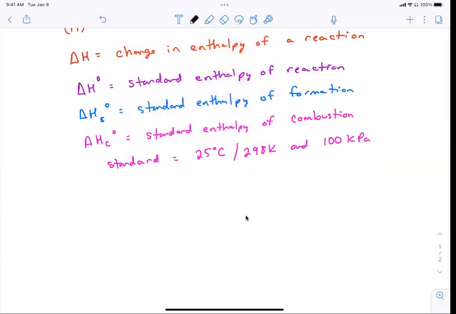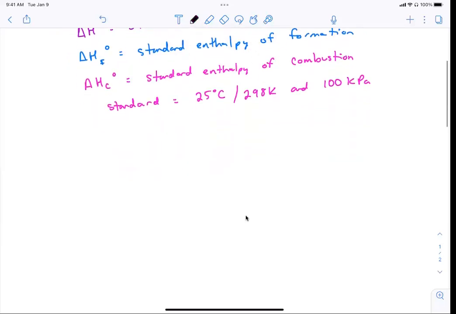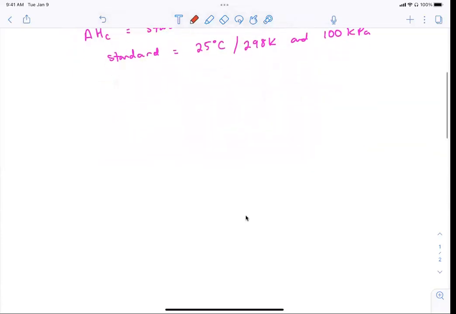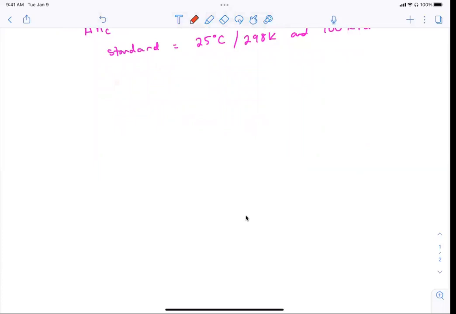Everything we learn in this unit is techniques to measure the change of the enthalpy between the reactants and the products. When we calculate that value, there are two possibilities for the type of reaction. We will make a 3-column table.